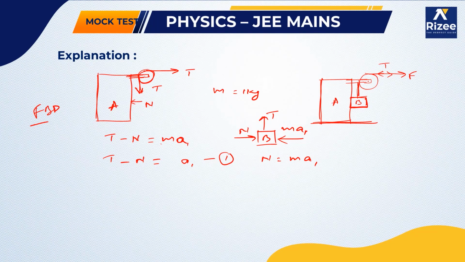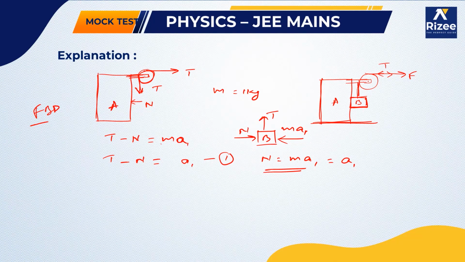So along the x-axis, the normal reaction is equal to M into A1. The mass is 1 kg, so if I substitute in the earlier relation, you can write it as A1.